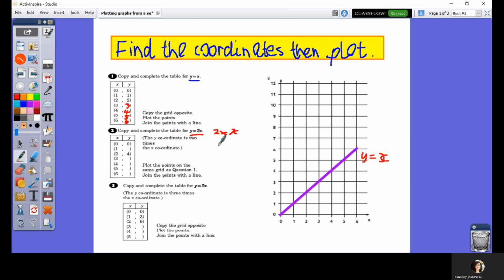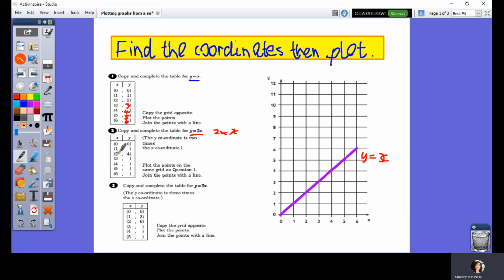In other words, y is equal to 2 times the x value. So if you have 0 here, 0 times 2 gives you 0 in the y-axis.